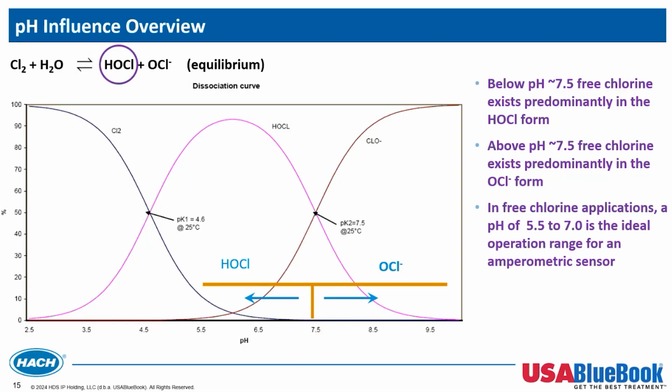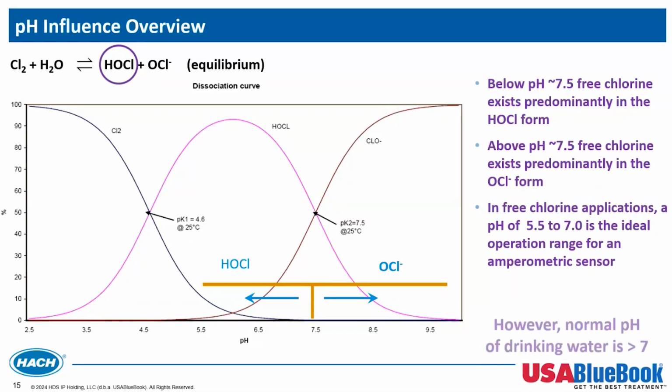Why does it matter? Once again, if we're using amperometric technology, it responds only to the HOCl. And if you go with a higher pH, the portion of HOCl goes down, lower, and with that goes down the accuracy of the amperometric technology. It's inevitable because there are much fewer species to really measure. Everything else needs to be deduced somehow.